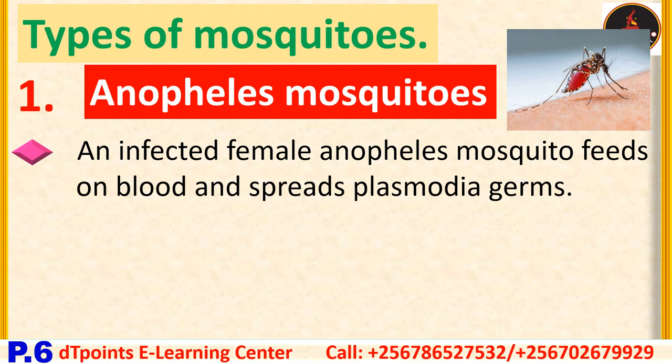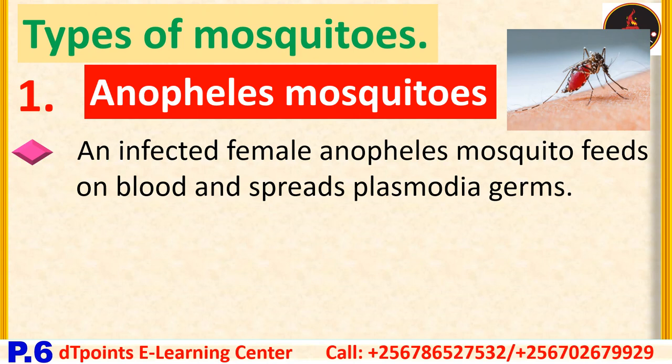The argument here is that not every female can spread Plasmodia germs. It is only an infected female Anopheles which can spread them. In exams, at the level of P7, even in P6, if you are asked to name the vector which spreads malaria and you say female Anopheles mosquito, that answer will be wrong.